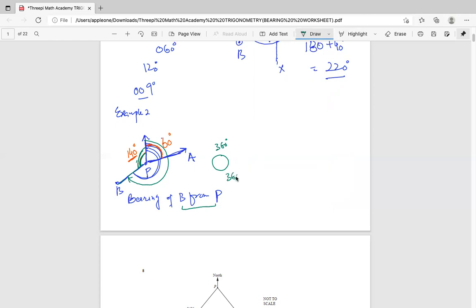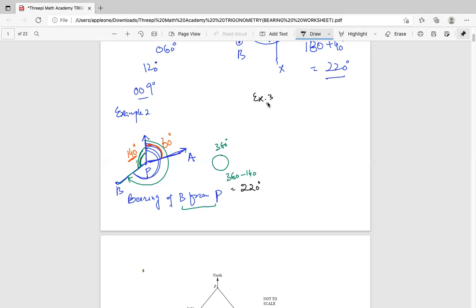This is 360 minus 140 degrees. So the result becomes 220 degrees. That's the result. Okay, now one more example.